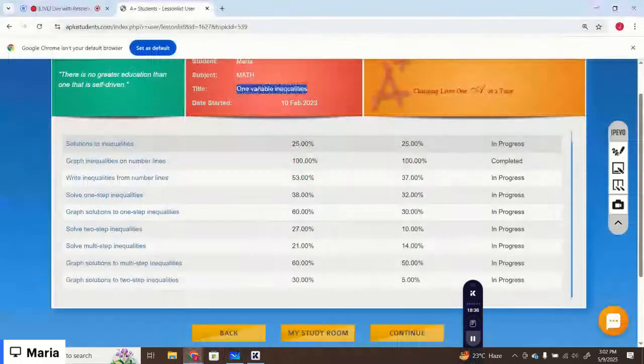Here I am on grade 8 math. The chapter we are on right now is one variable inequalities.